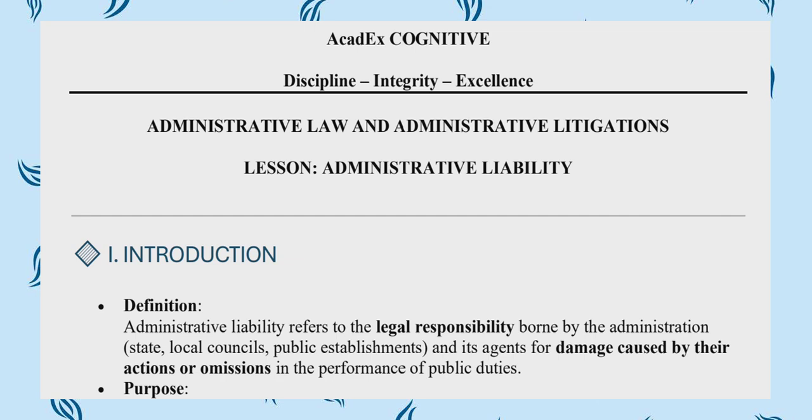Now I want you to take note of some things here. For you to hold the administration liable, you need to make sure that the prejudice that you have suffered is as a result of the action or the omission of that administrative authority. And also, that action or omission should be in the performance of his or her public duties.